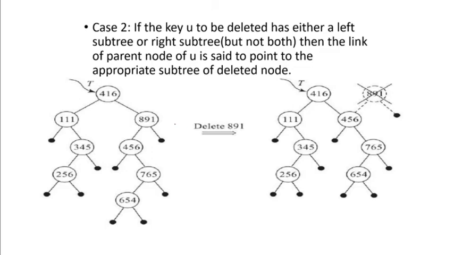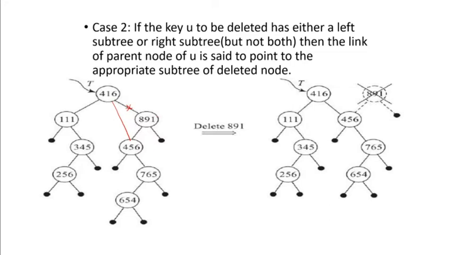So in the example, he tried to delete this 891. The 891 which was deleted, it would directly link this with its child. 891's child would be linked to 891's parent. That is how you delete this.